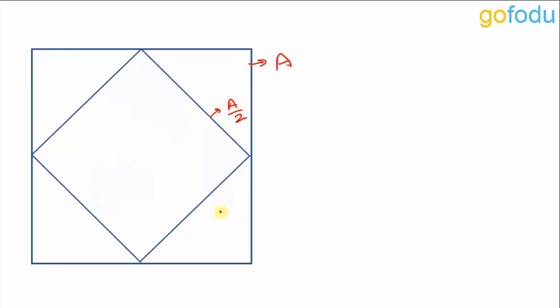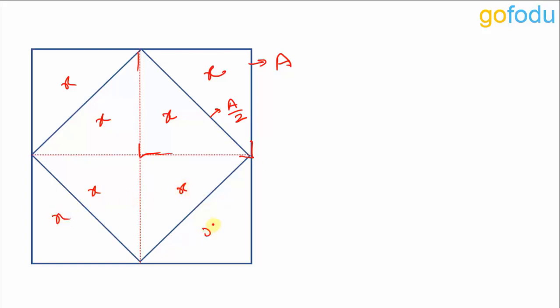If I divide this outer square into 4 equal parts, and focus on this one particular part, this is a smaller square in which this length is acting as the diagonal. So it is dividing this square's area into 2 equal parts. If this part is x, this part is also x in this smaller square. Similarly here also it would be x, x, x and x.